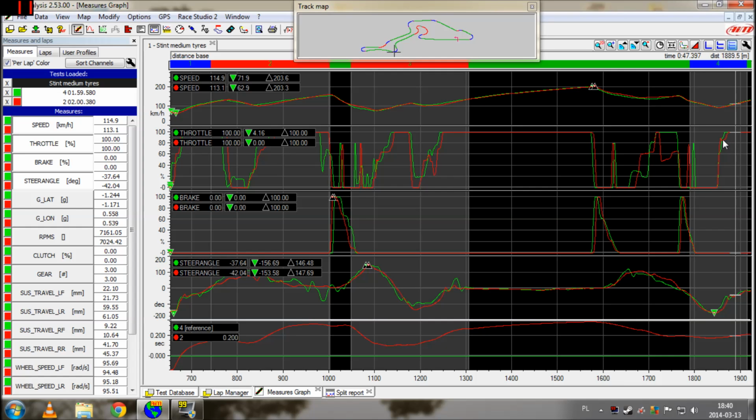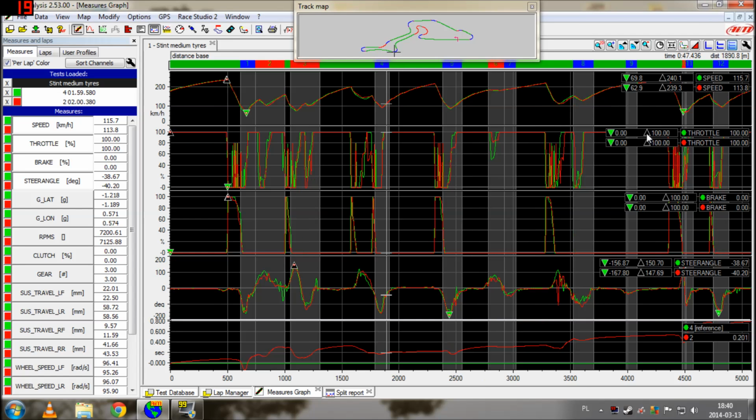There's a little dip on the red lap, but that's how the throttle work should look all the time. That's proper throttle work.